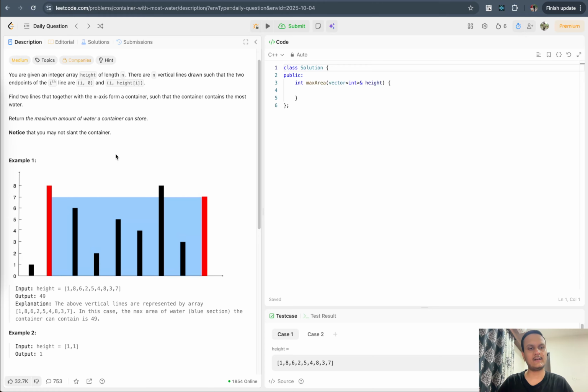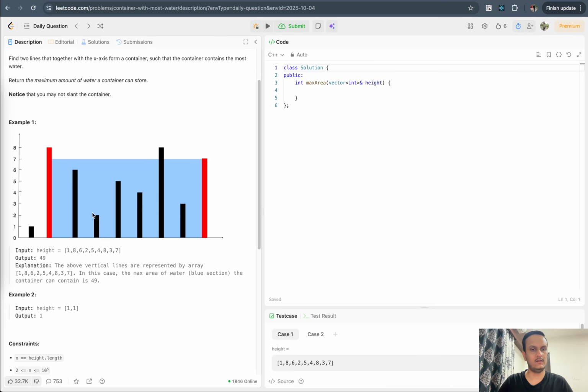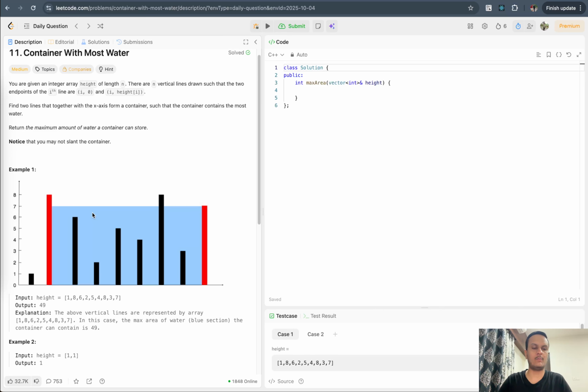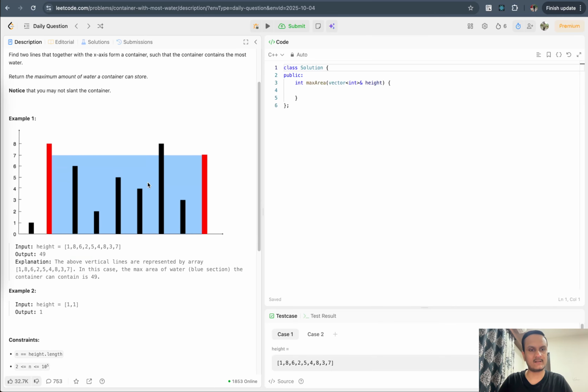But here the twist is that we have to find a container which can hold the maximum amount of water, and then we have to return how much water we can keep in that container. We don't want the total of how much water is trapped. We don't want that. Okay, so let's understand from this example number 1.